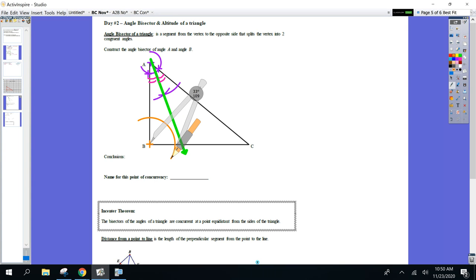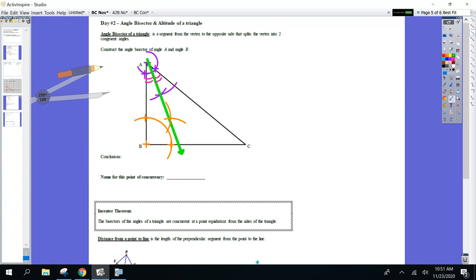Open it up, close it, but make sure the last two arc marks are the same opening. Draw in your angle bisector, make a couple arc marks for me on each side like usual.